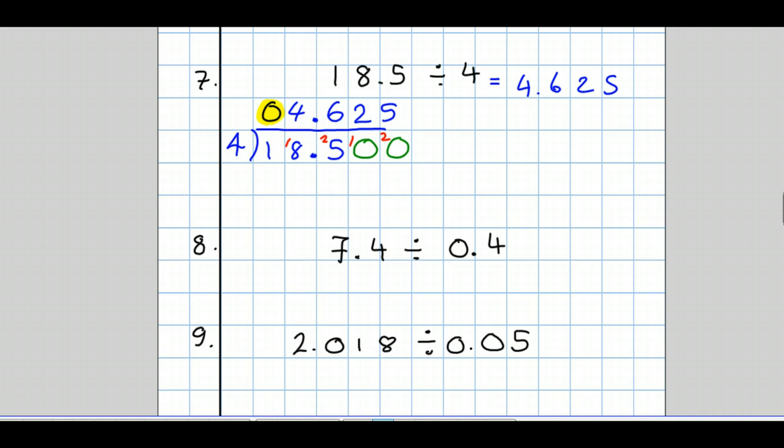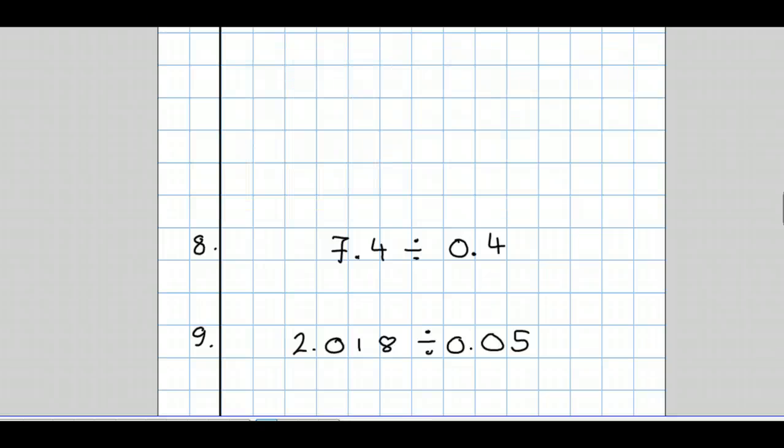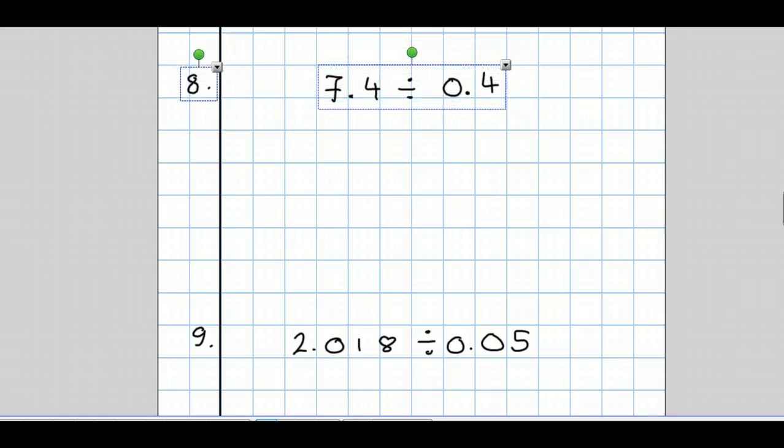Now, let's go through the last two. 7.4 divided by 0.4. We don't like to divide by a decimal, so I'm going to turn that into a whole number by making it 10 times bigger, and so that the answer I get will be the same, I do the same to the left hand side, multiply that by 10. 7.4 divided by 0.4 is the same as 74 divided by 4.